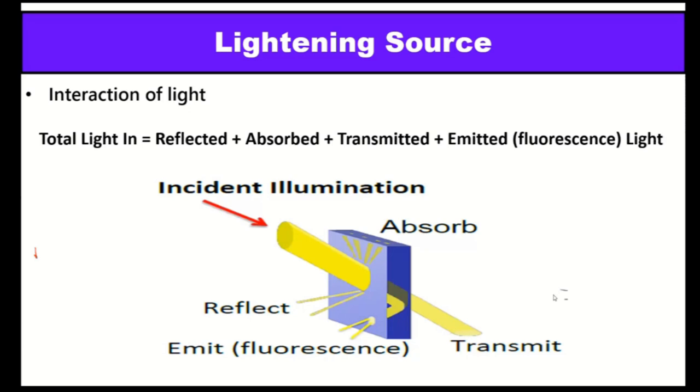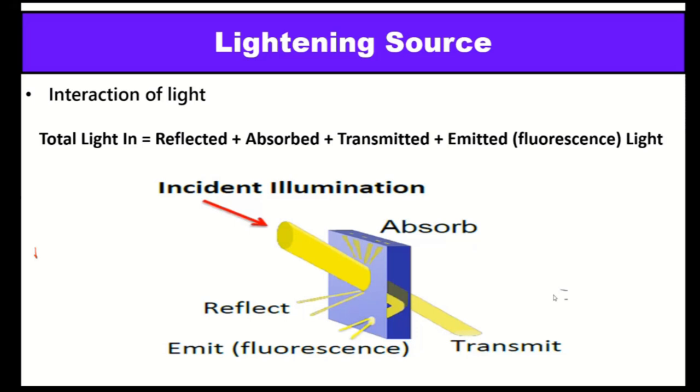Now in real life, we find that the surface of the object has various properties. Whenever total light falls on it, some light can be absorbed, some will be reflected, some can be transmitted through it, or some light can be emitted. Sometimes fluorescent color is applied on the object, or the surface has a fluorescent nature, and then light is emitted back again.